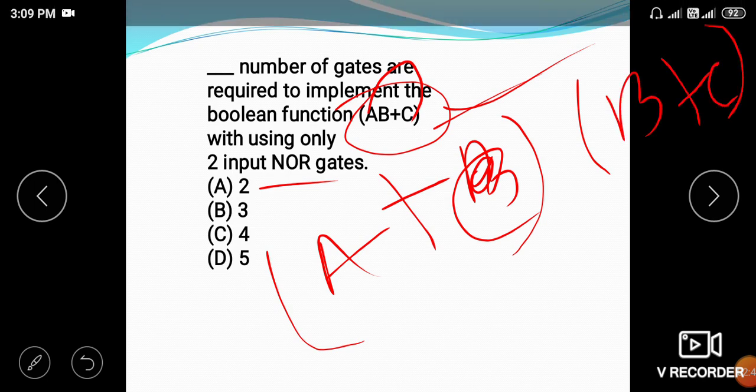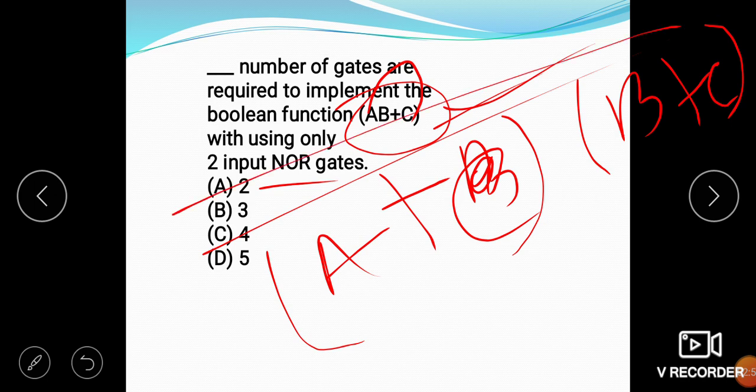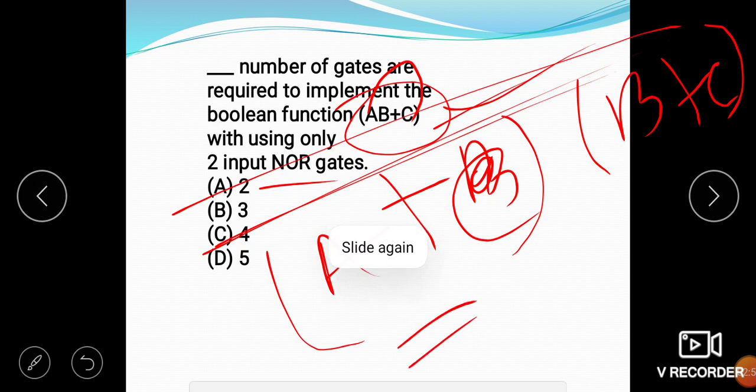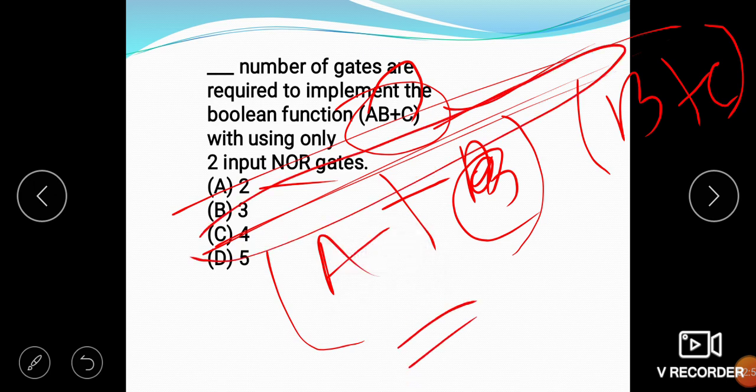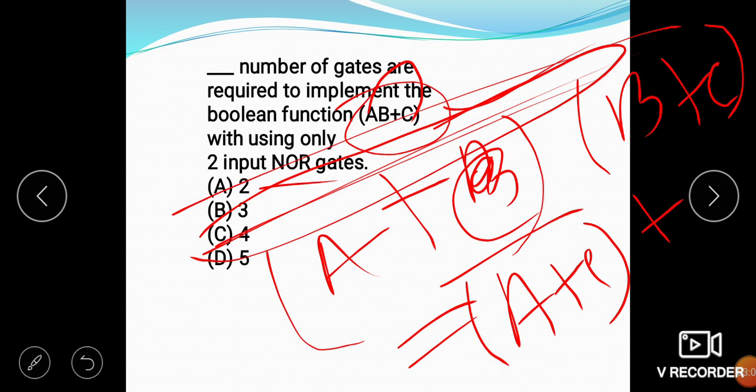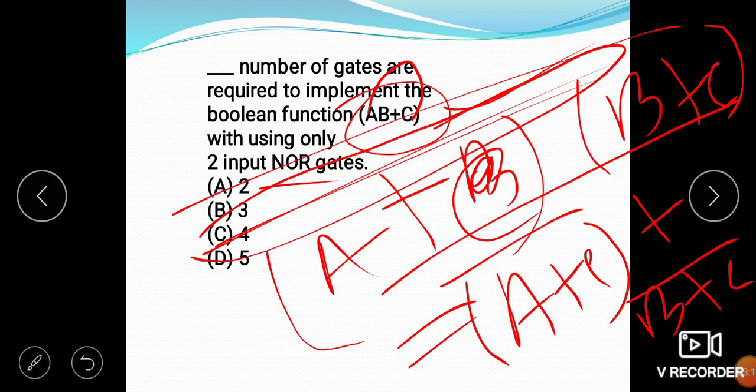Put a double bar because they want NOR gates, so you have to put a double bar. Now break this bar into two parts, that means you get (A plus C) bar plus (B plus C) bar. Then the whole bar. Here we get how many NOR gates: 1, 2 and 3.